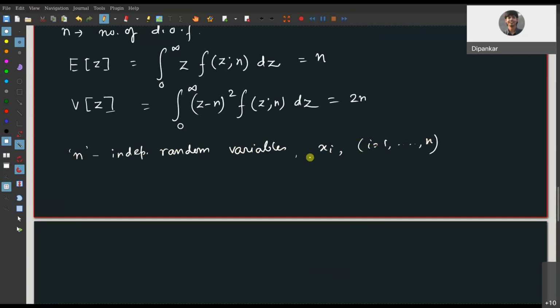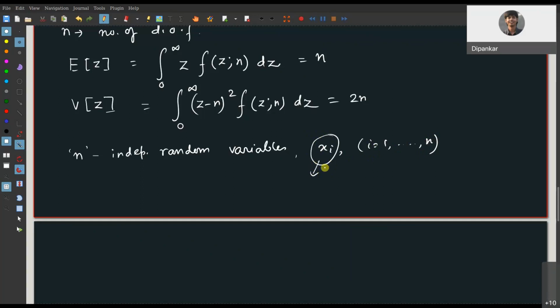Do not confuse this with the multidimensional Gaussian distribution. Each of these is Gaussian distributed with mean mu_i and standard deviation sigma_i.